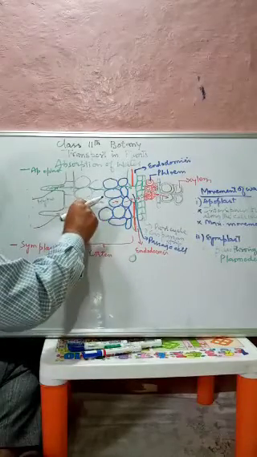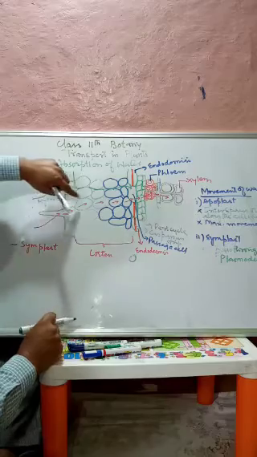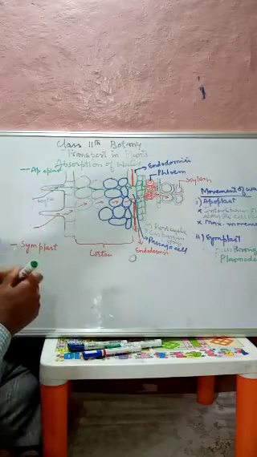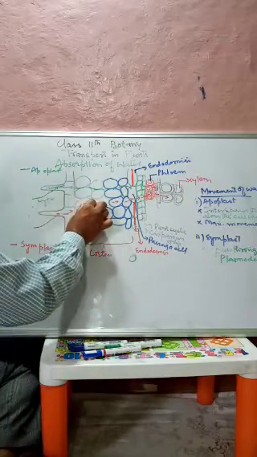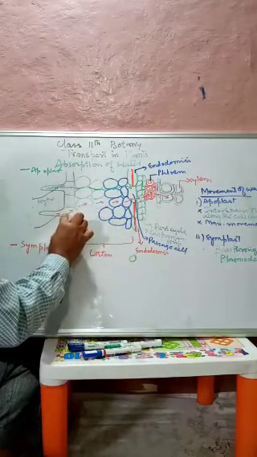Then what do these cells do, they absorb the ions from this surrounding cell. So its concentration becomes a little lower as compared to that of this cell.